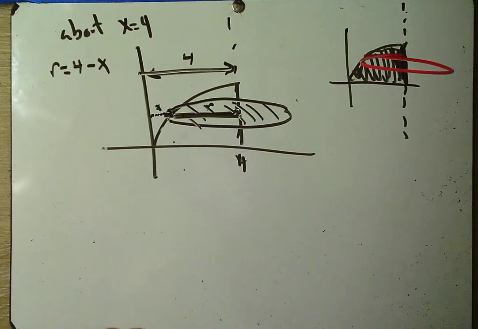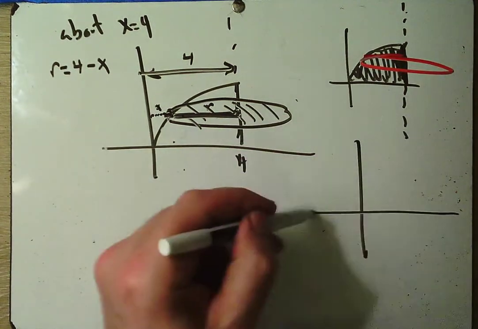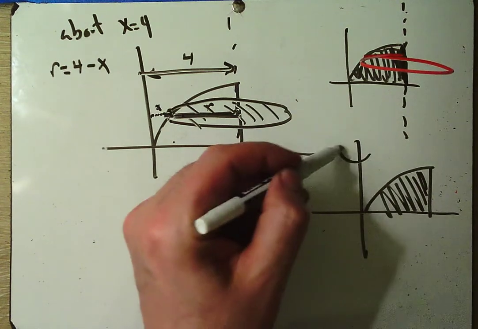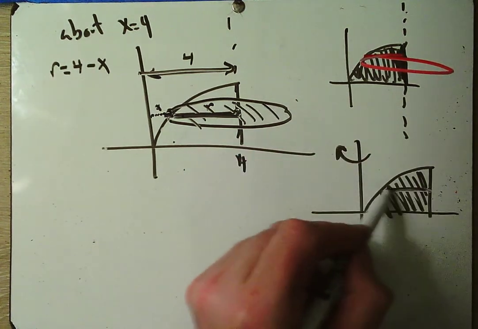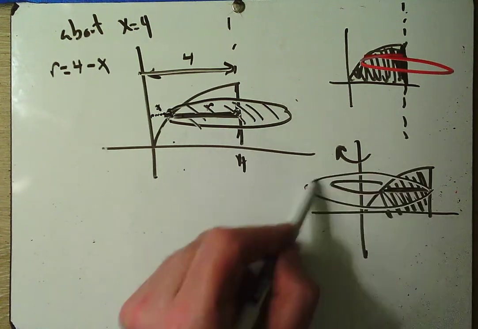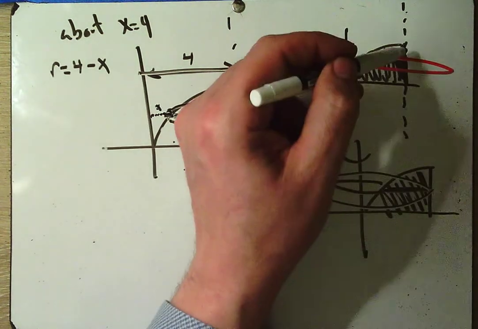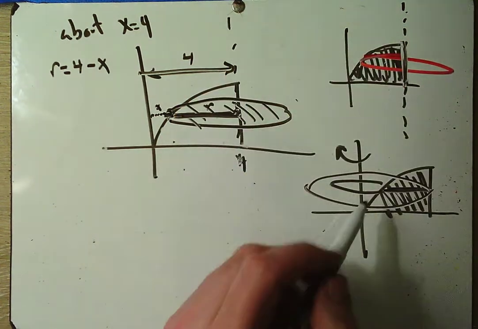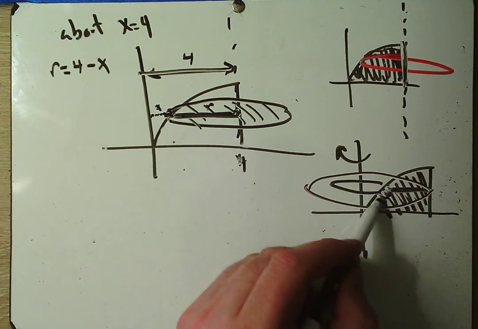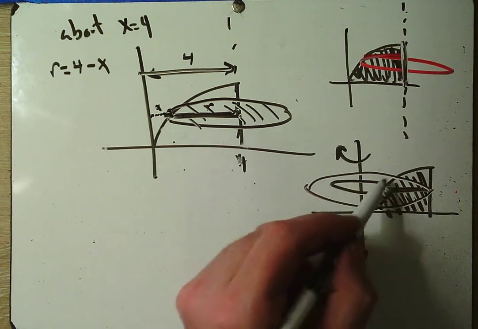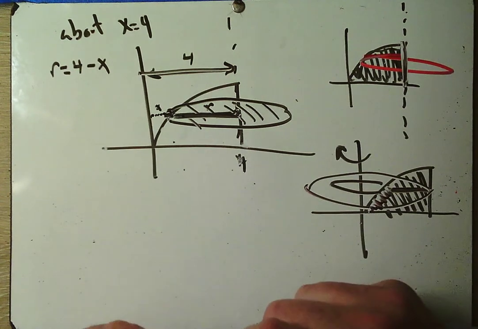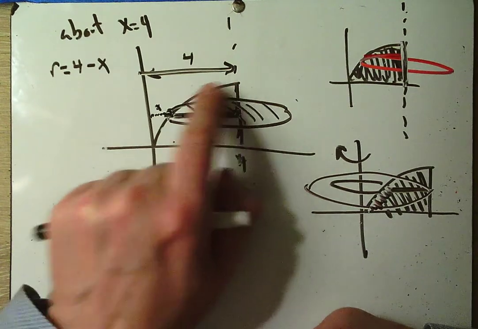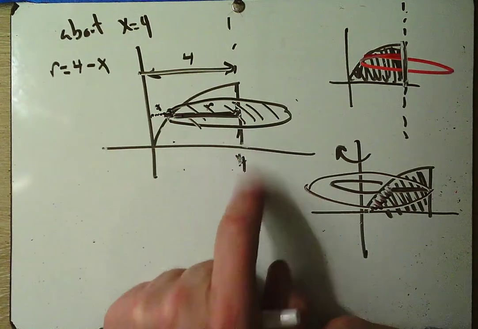If, however, there's a gap between our region and what we're rotating it about, then I end up with a washer. So if my region lines up along the axis of rotation, I get a disk. If there's a gap between my region and the axis of rotation, that produces this washer shape. Here, there's no gap between the region and the axis of rotation.